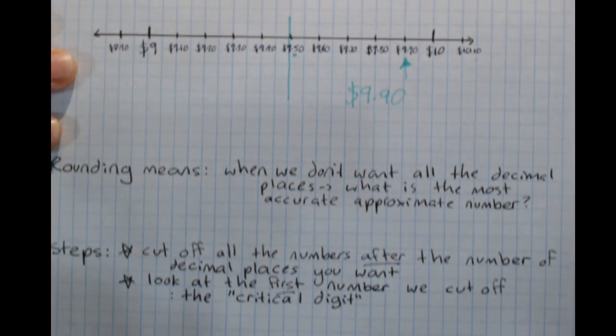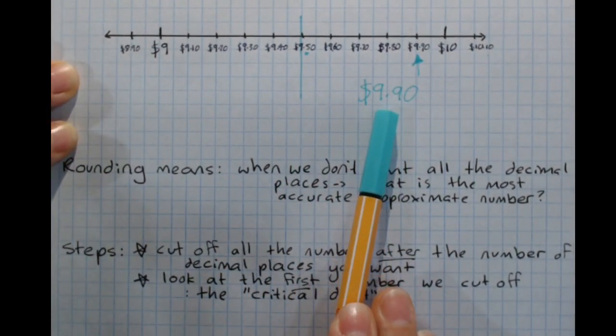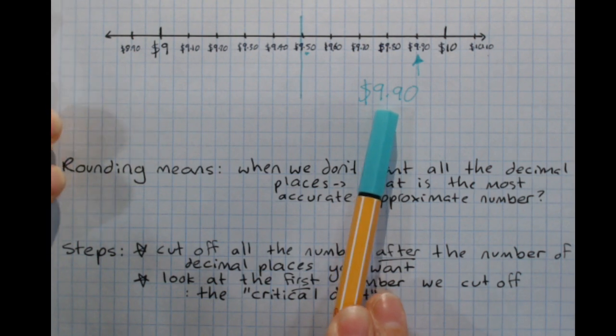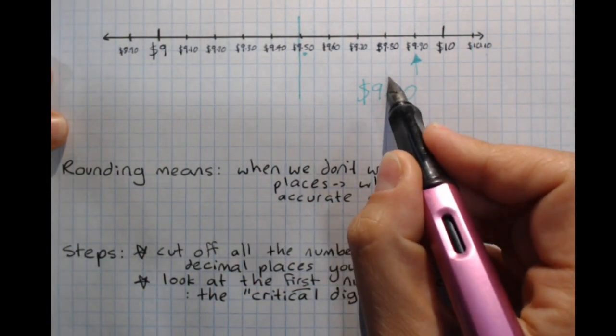So let's look at our number line with money. If I said I just wanted to give this to a whole dollar amount, so no decimal places, $9.90, I would cut off everything after the decimal point.